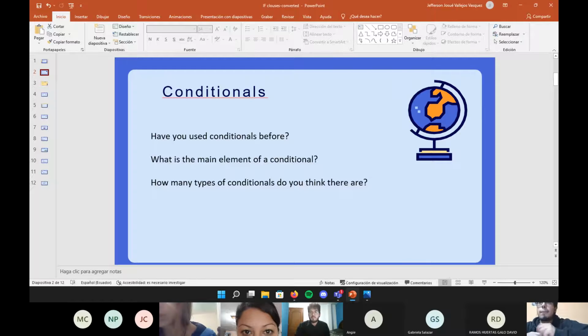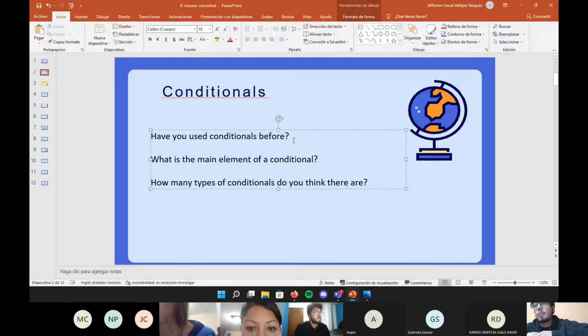Any volunteer? Have you used conditionals before, Eric? A little bit. Kind of. What do you think is the main element of a conditional?